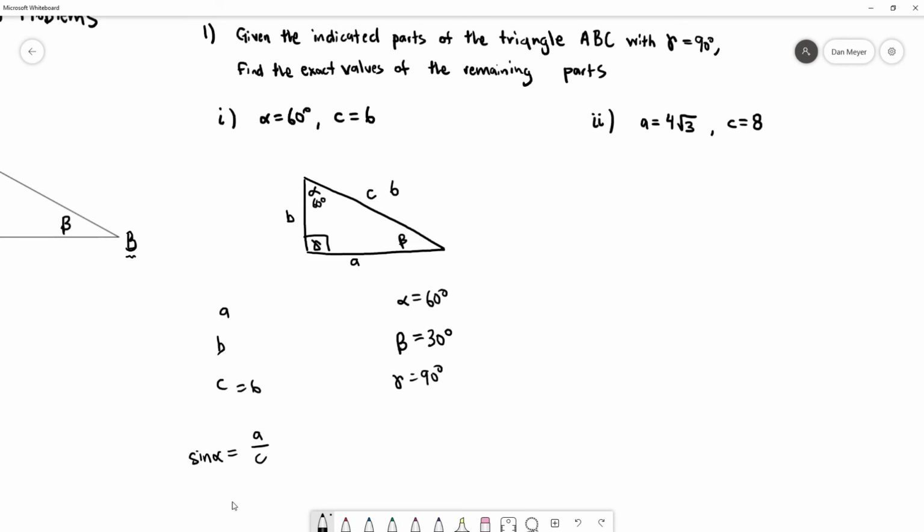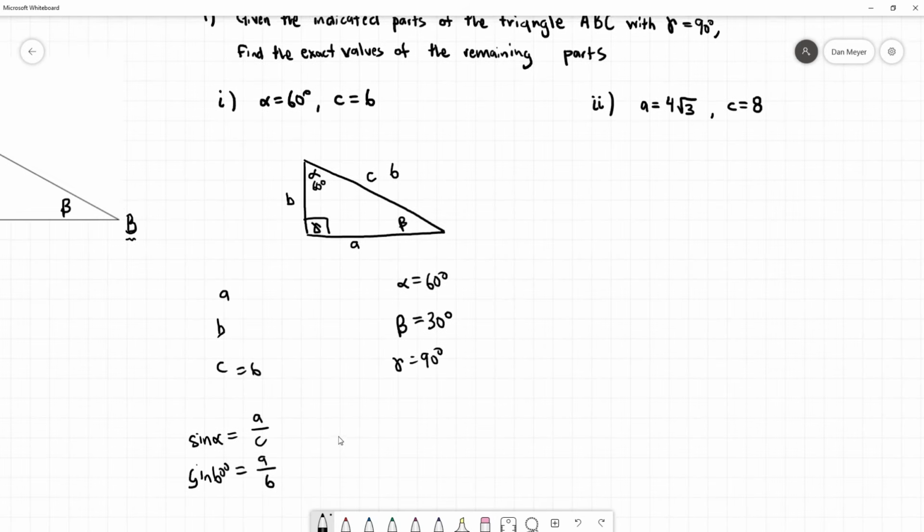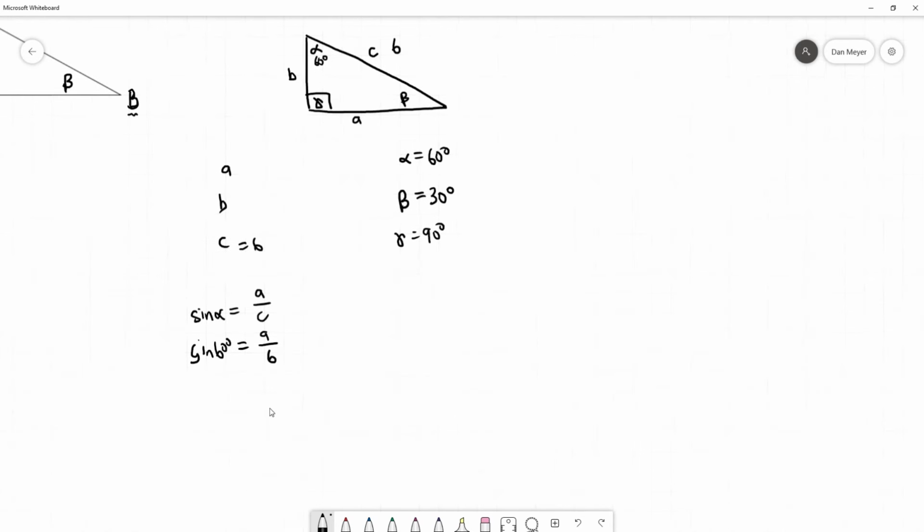And we know two of those pieces. Sine of alpha, sine of 60 degrees, is the unknown A divided by 6. And so we can solve for A here. A is 6 sine of 60 degrees.